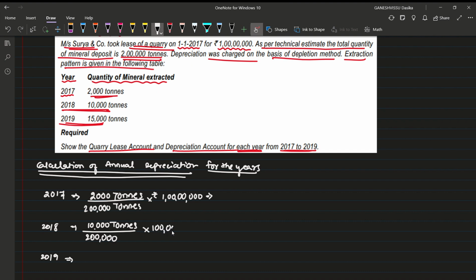Similarly, for 2019, 15,000 divided by 2 lakhs into 1 crore.